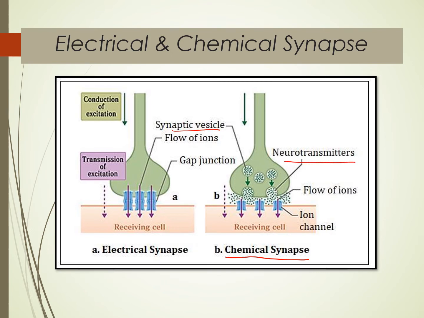But neurotransmitter vesicles are not present in the electrical synapse. And if you see properly, the junction area also varies between the electrical synapse and the chemical synapse. So there exists a difference between the electrical synapse and chemical synapse structure.